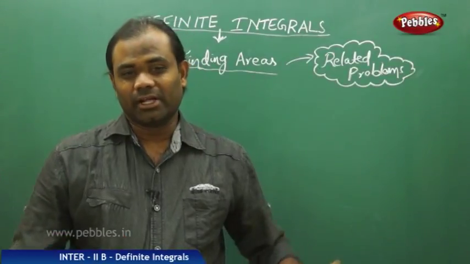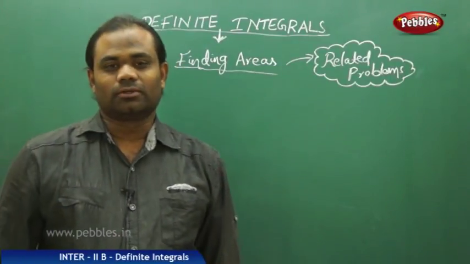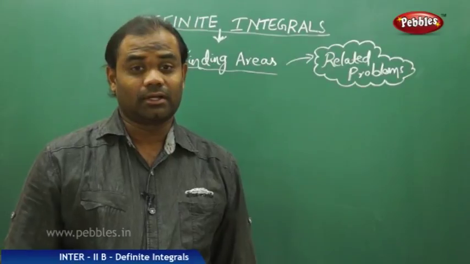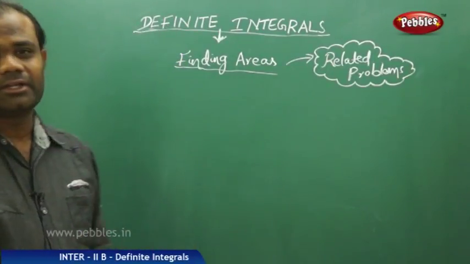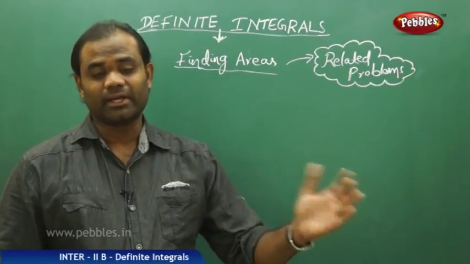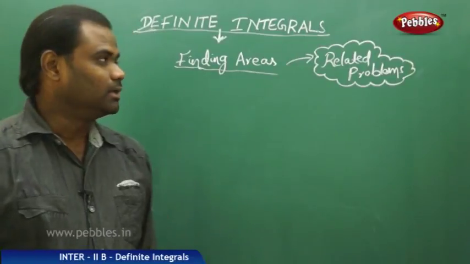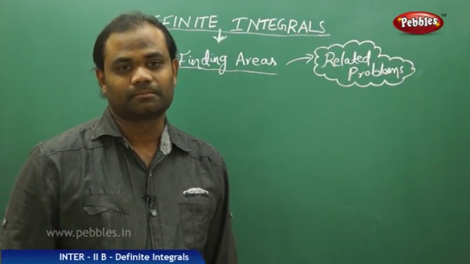Now let's see some related problems connected with finding areas, both with respect to the x-axis and with respect to the y-axis. As we have seen with all the various types of cases of finding areas, both with respect to the x and y-axis, now let's see some example problems to understand the concept better.